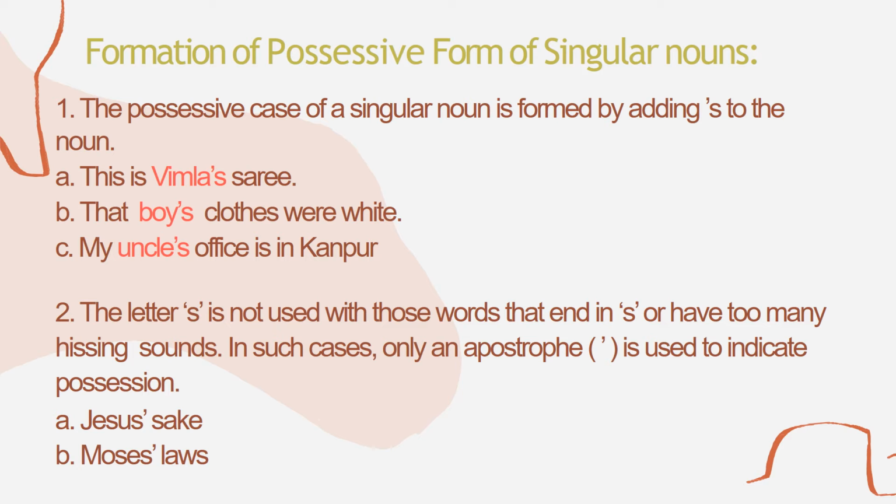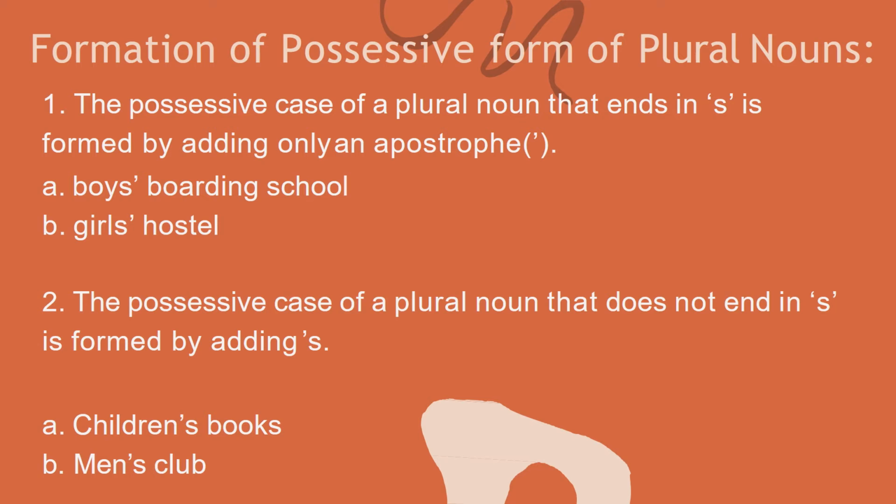Let's have a look at the next slide. Now we will learn the formation of possessive form of plural nouns. The possessive case of a plural noun that ends in s is formed by adding only an apostrophe.